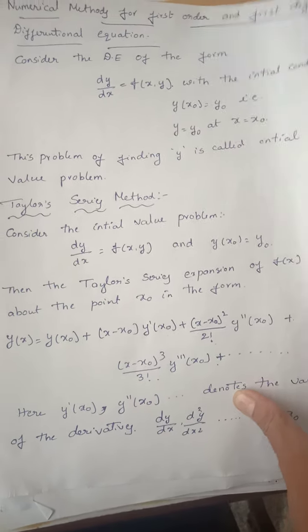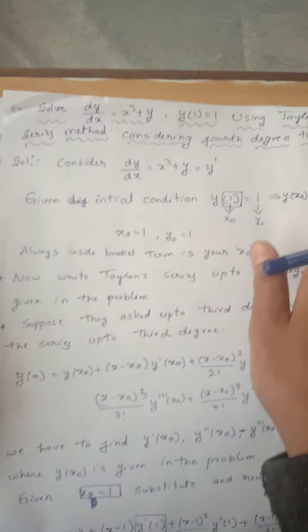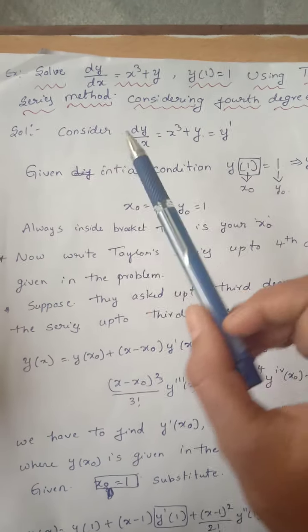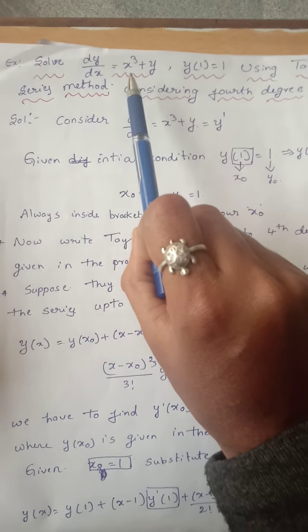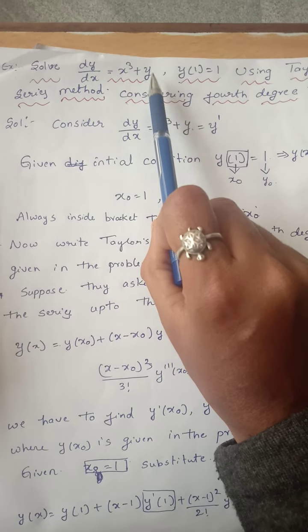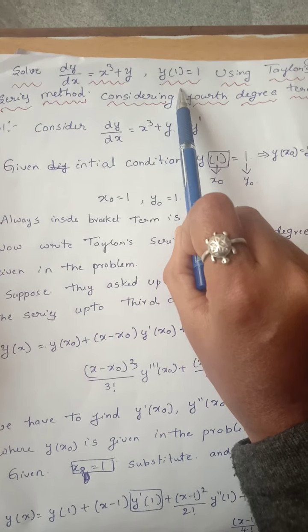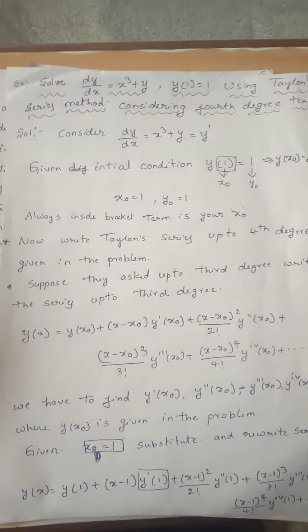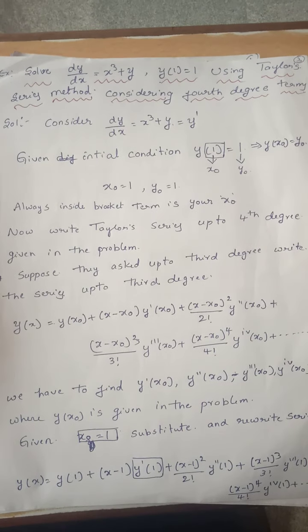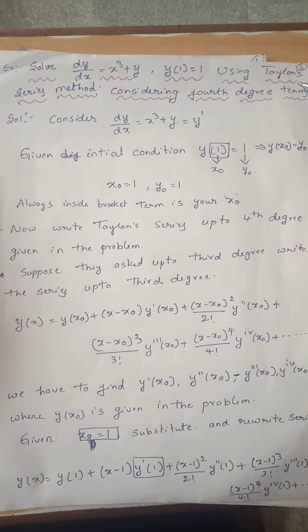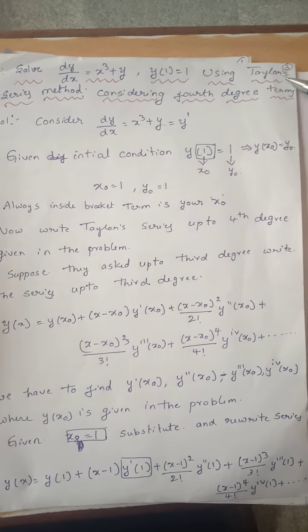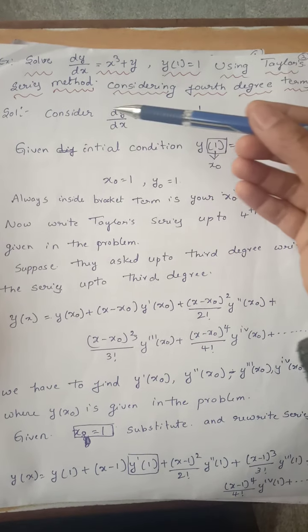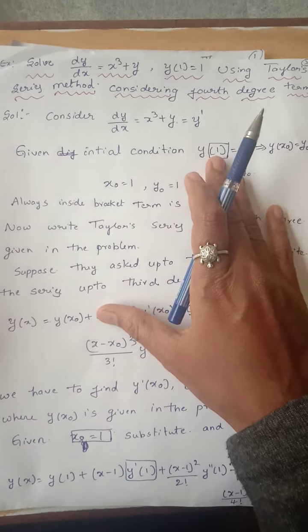Now we are taking the first problem. Solve dy by dx is equal to x cube plus y, and this is the initial condition: y of 1 is equal to 1. See, they clearly mention in the problem which method you have to follow. Here they mention the Taylor series method, so you have to follow the Taylor series method only.